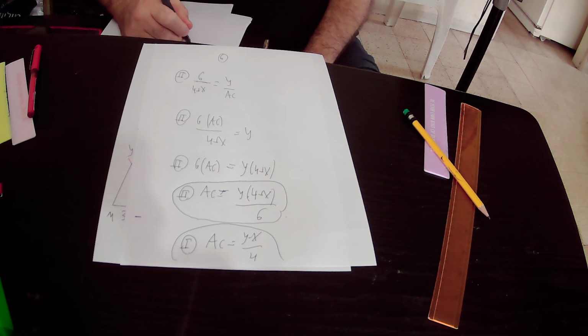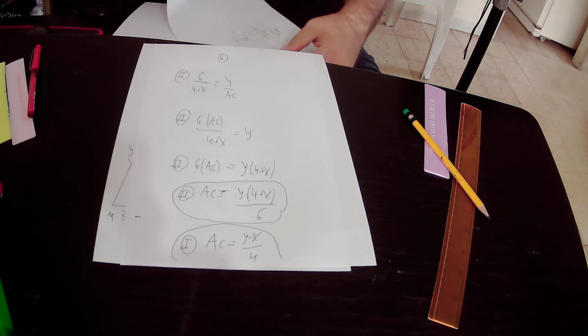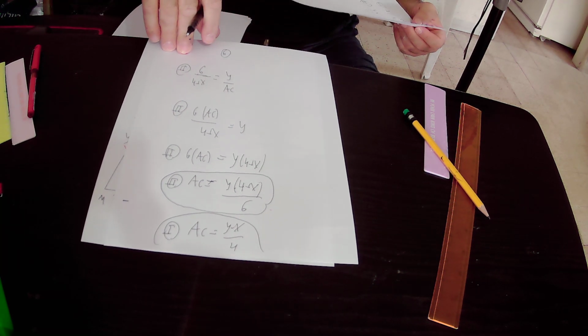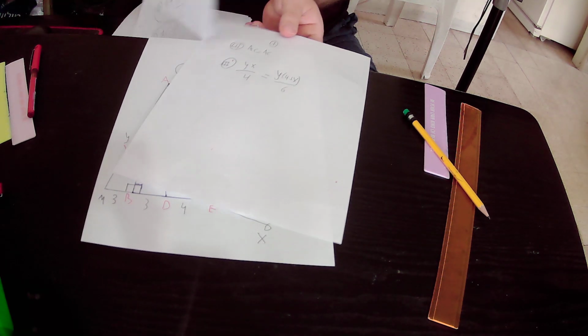So we will get that AC, according to equation number 1, is yx over 4, and it equals AC according to equation number 2, which is y times 4 plus x over 6. So in total we got this equation number 3.